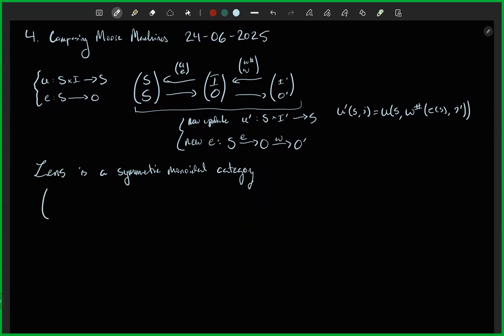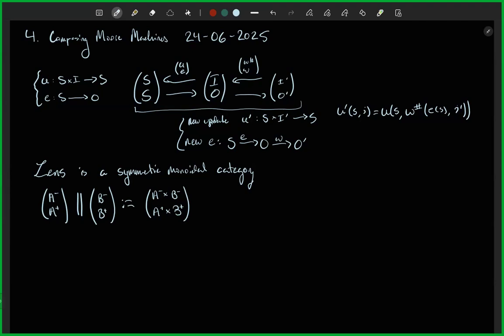And we define the tensor product of objects, also known as the parallel product, to be just the Cartesian product on both constituent sets.